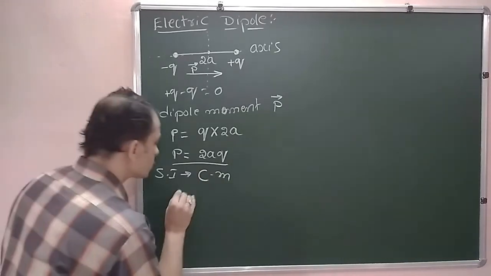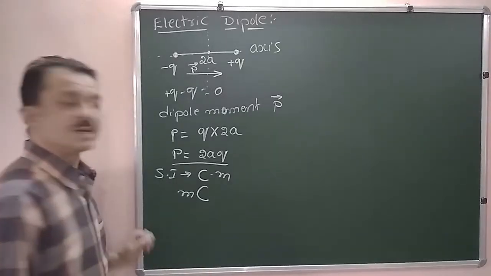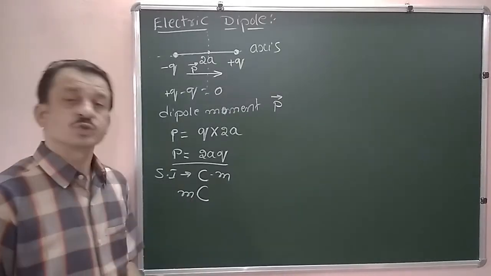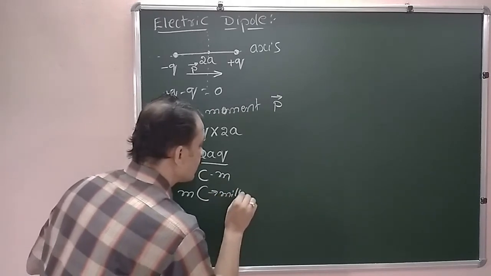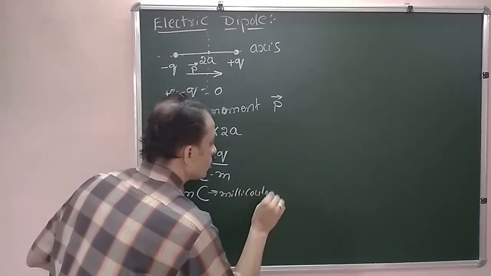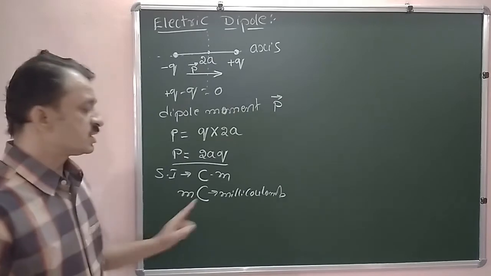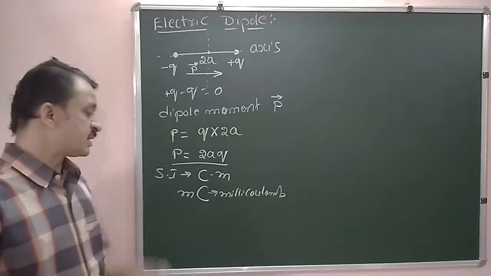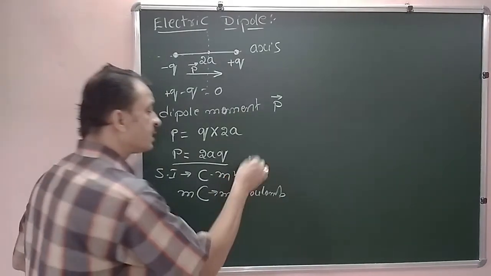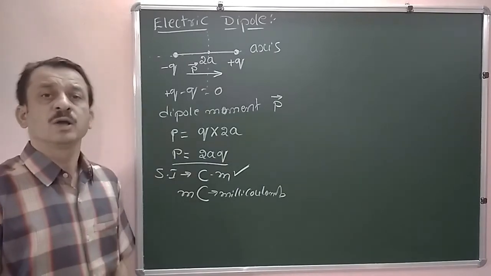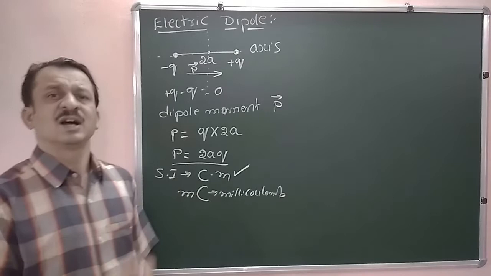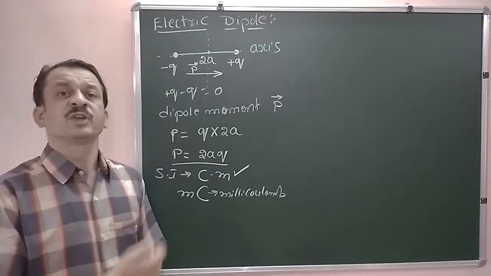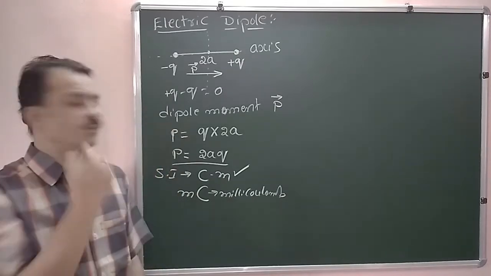You are not supposed to write it in the form mC, because that corresponds to millicoulomb, which is 10 to the power of minus 3 coulomb. Therefore, we have to write it in terms of coulomb meter. Dipole moment is the characteristic of an electric dipole.